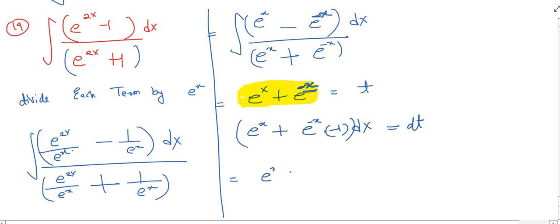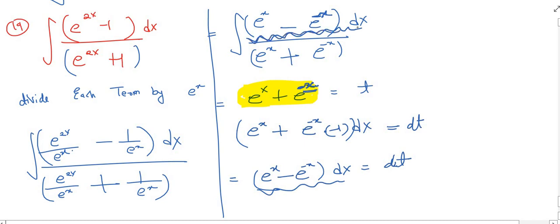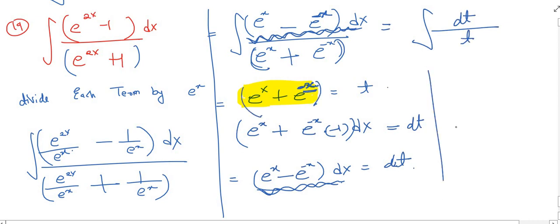Now simplify: e raised to power x minus e raised to power minus x dx is dt. If you observe clearly, this is nothing but my whole numerator. Look carefully, we got the entire numerator in terms of dt. So my question became dt by, and this entire thing is t. I had assumed it.